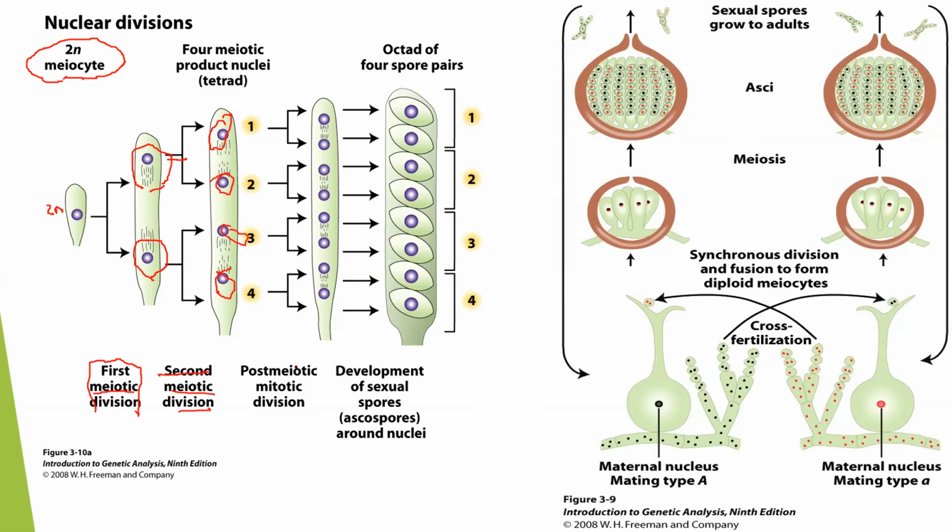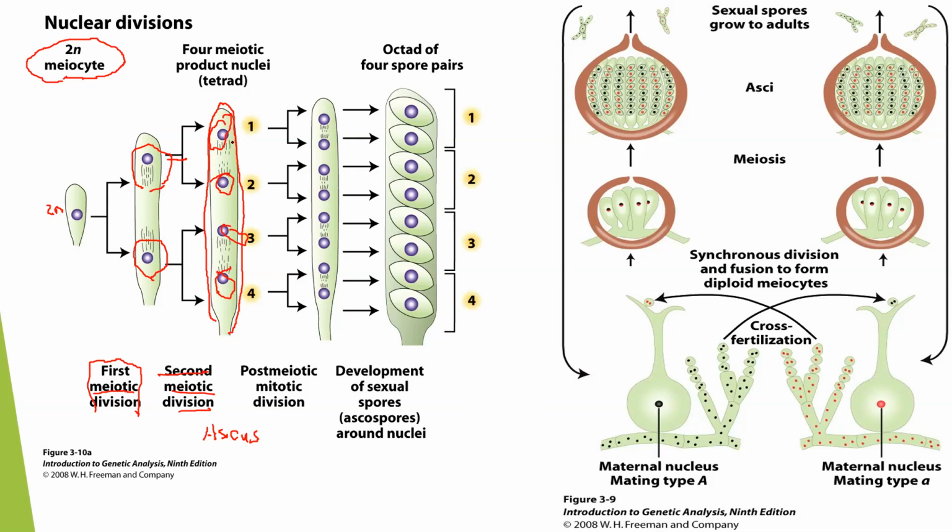The interesting thing is that the meiotic products are arranged in a very nice linear fashion, because this occurs within a sac, which we call an ascus, and this sac holds the meiotic products in a very nice linear way.